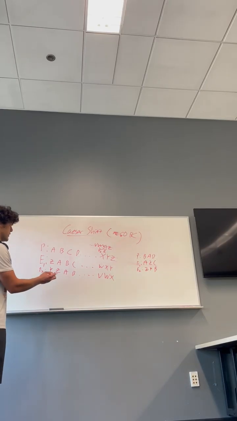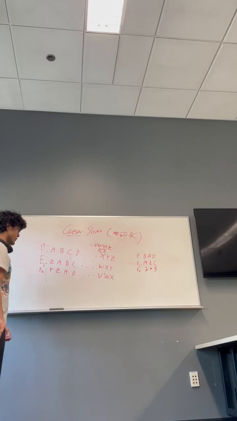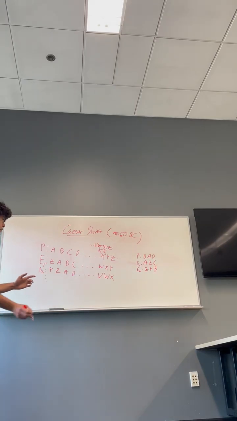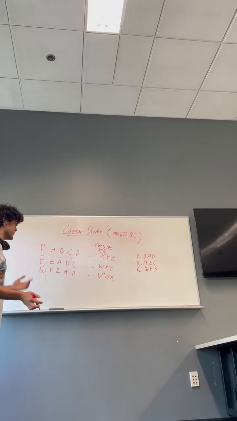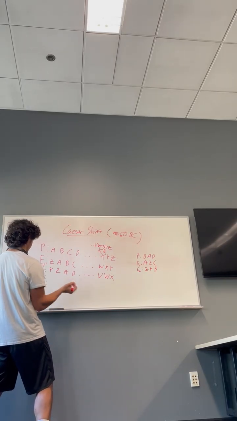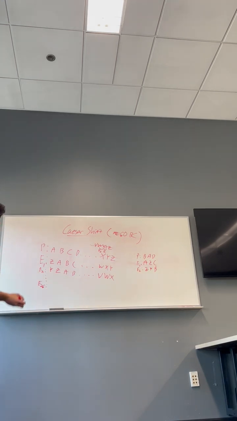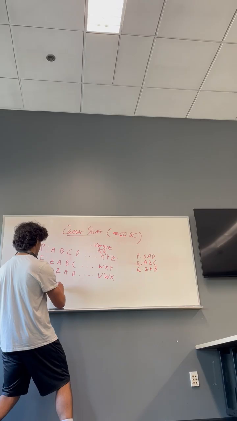Because if we think about this, we shift 1, we shift 2, and eventually we're going to loop all the way back to what we started with, since it's only 26 letters. So we only have 26 possible different ways to encrypt, and this 26th one is the identity.